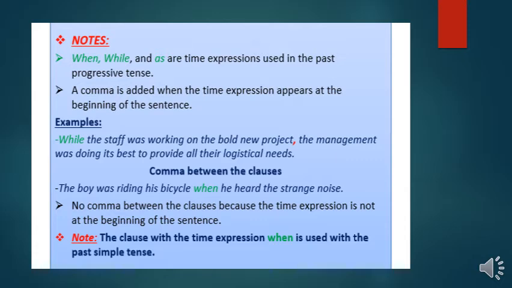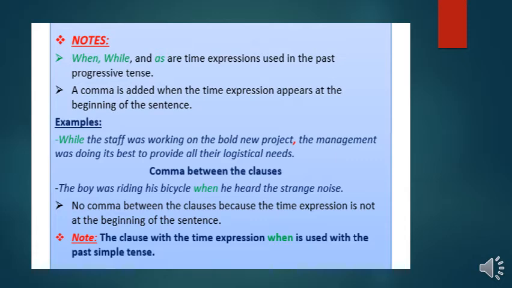For example, while the staff was working on the bold new project, the management was doing its best to provide all their logistical needs. So when you start your sentence with when, while, or as, you have to add a comma.